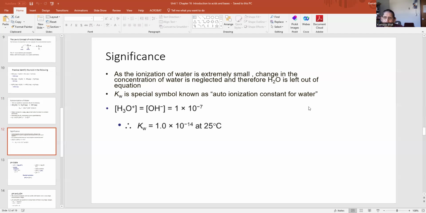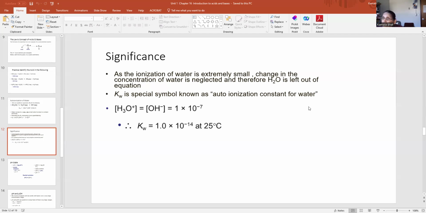From this particular expression, you can see that the square root of Kw will give you the answer 1 times 10 raised to minus 7, because minus 14 divided by 2, a square root, means you take 1 by 2, and the answer is 10 raised to minus 7.